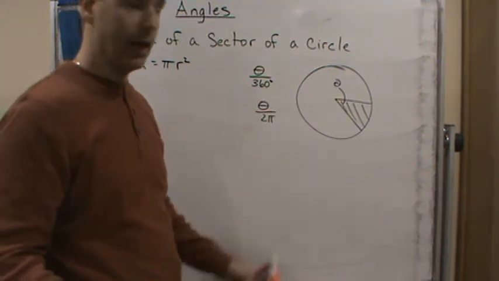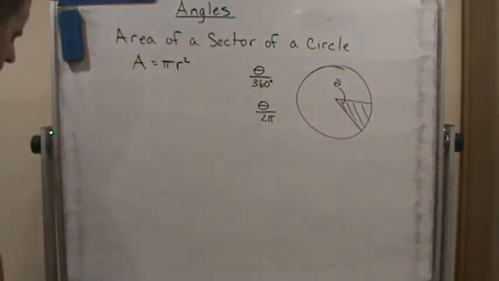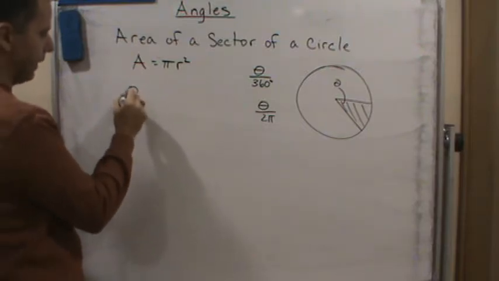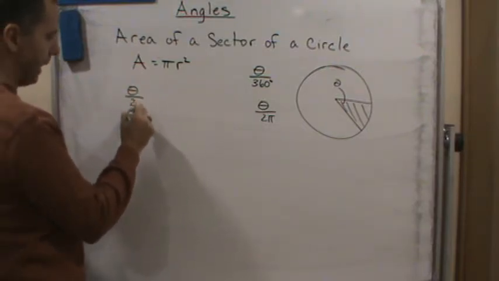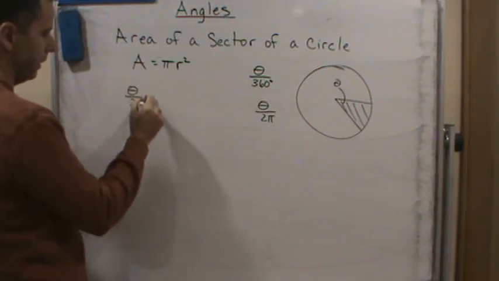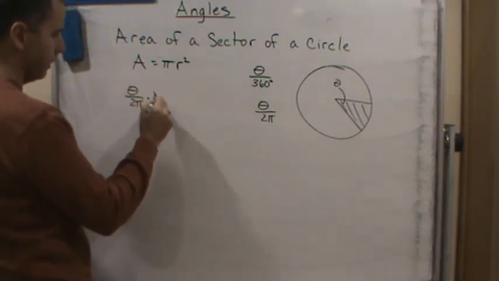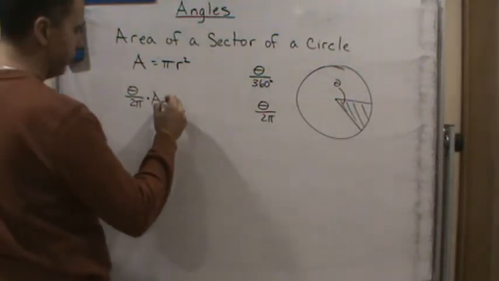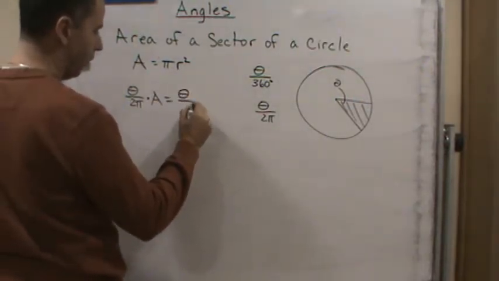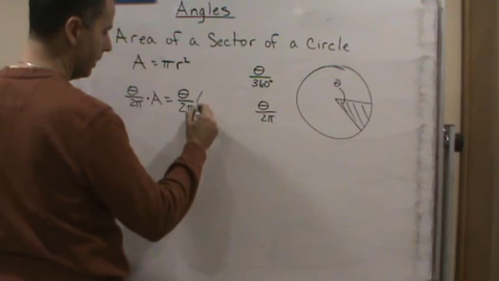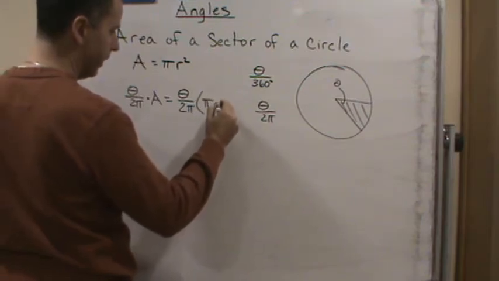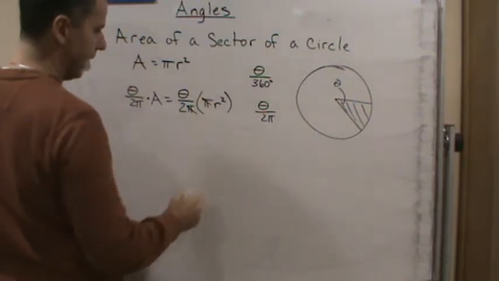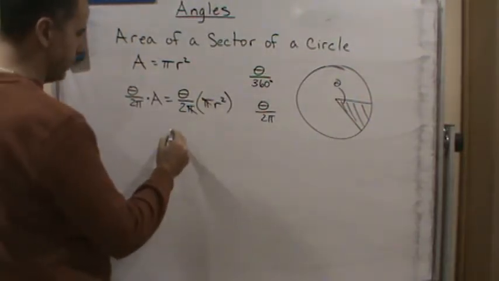And therefore, to find the area of this sector, I take that fraction of the area. So I would take theta over 2 pi times the area, which equals theta over 2 pi times pi r squared. Oh, wait a minute, look at this. The pi's cancel, and so what do I get?